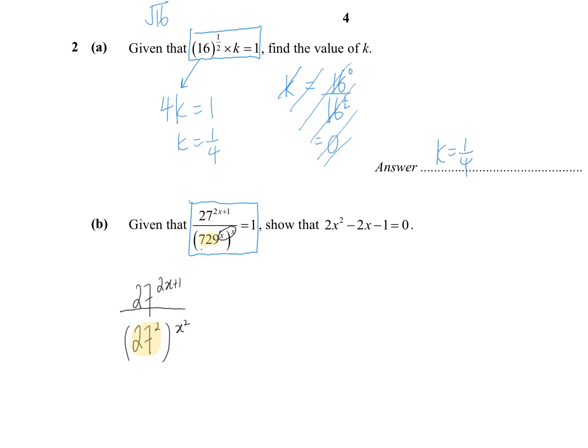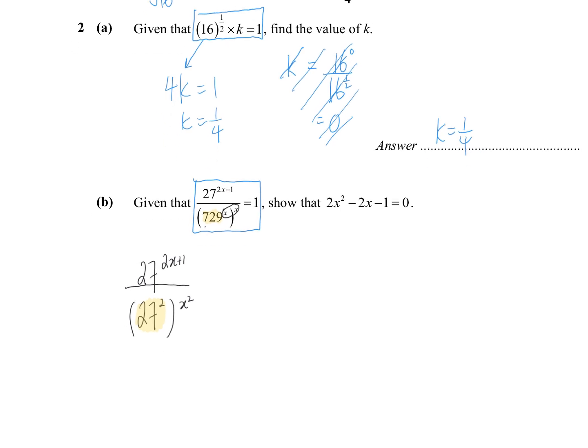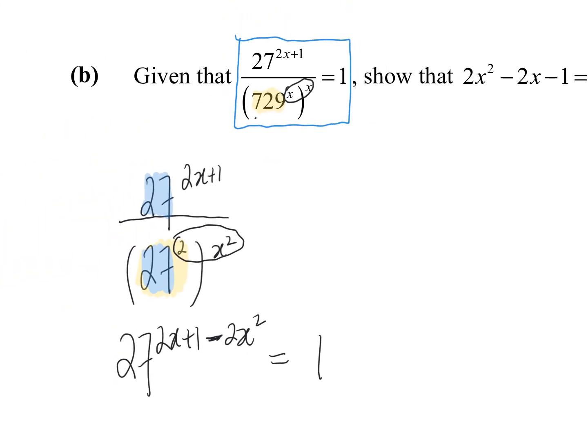Now with this, since they have the same base number, I can combine the power. This is a division, so I subtract the power. Multiply these two together, this is 2x squared. Since these two have the same base, when you divide, you subtract the power. In order to compare these two, I need to make this base 27. So this one changed to 27 to the power of 0. 2x plus 1 minus 2x squared is 0.